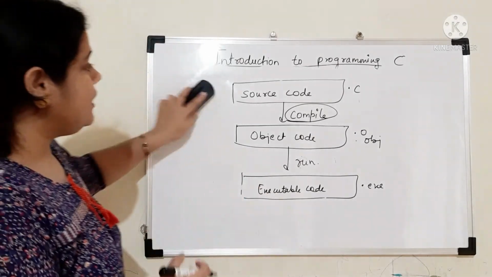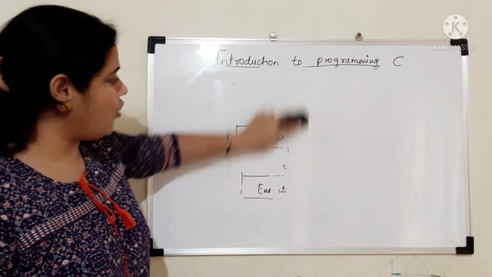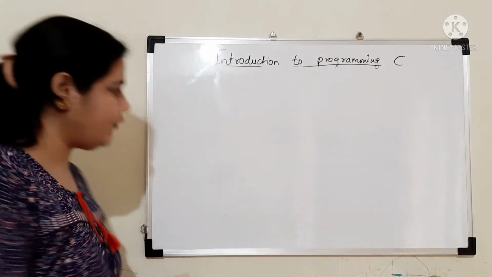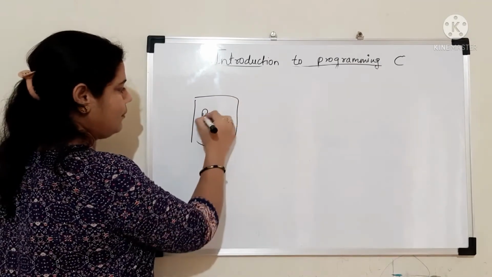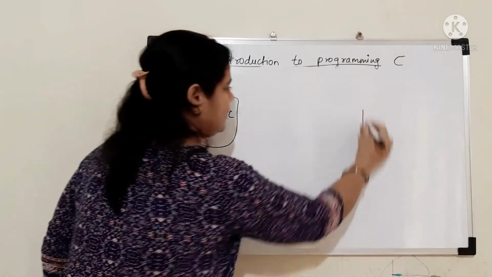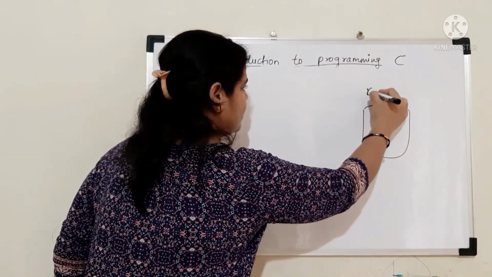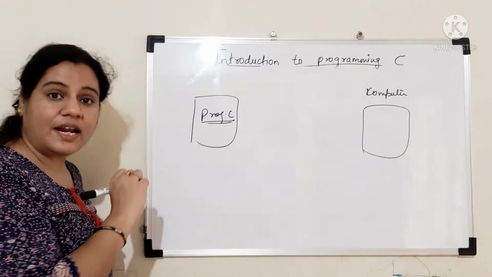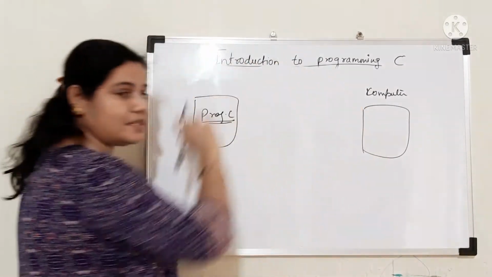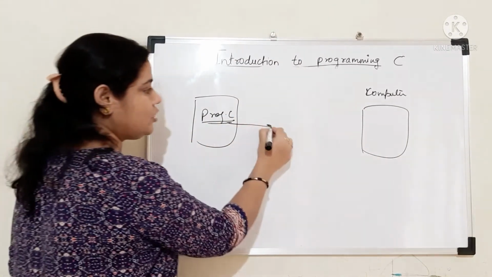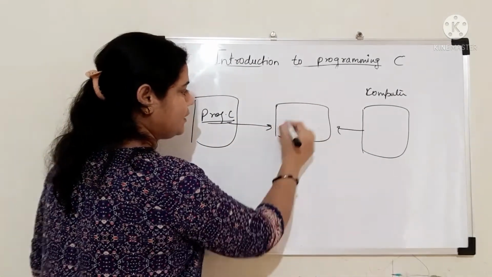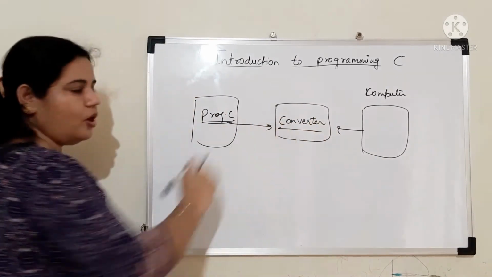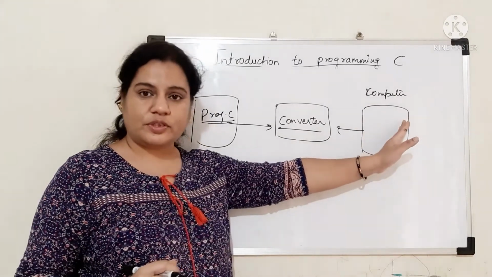Now the next thing is what the compiler does. If you have this program, a .c file, it is in a high level language. The computer understands machine language. Then you need some converter which can convert your program into computer language.